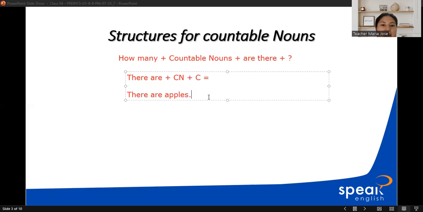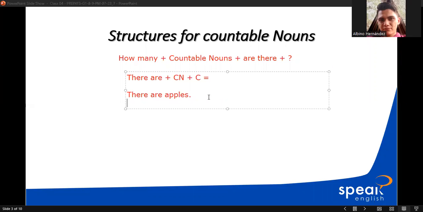Okay. Can I have another example for a different structure, Albino? It can be negative. That is another structure. Okay, there aren't any oranges. Excellent.